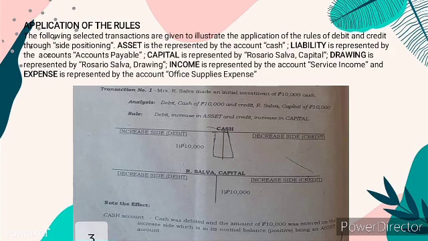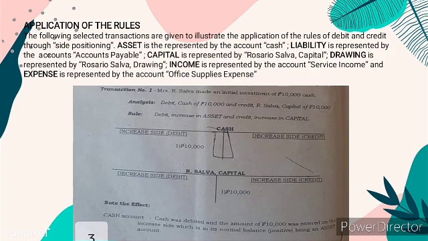So, they are equal. And then the rule: the debit increases the asset and the credit increases the capital. So on the debit side, the asset increases, while on the credit side, the capital also increases. So it is really equal. In a normal balance sheet, the debit and credit should be equal.